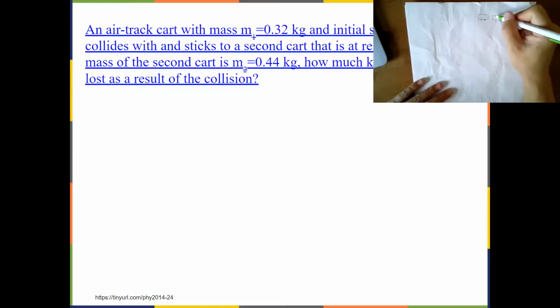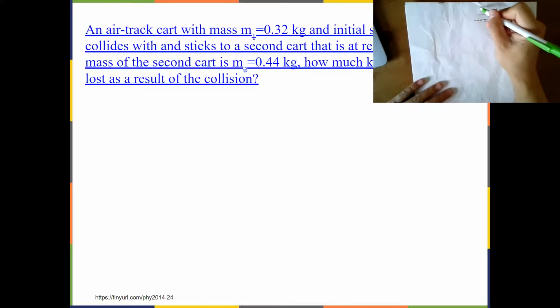This is likely what you are going to do next week for the lab on collisions and momentum. So this v2, this cart, is initially at rest, not moving. And then m2 is going to be 0.44 kilogram. You probably have two identical carts, but you can put a weight on top to increase the mass.